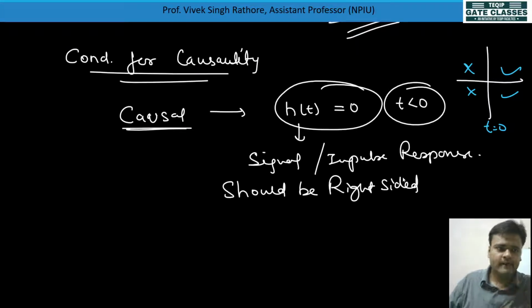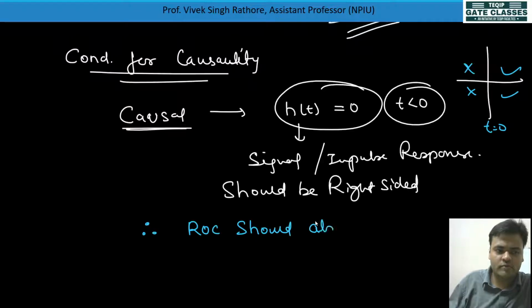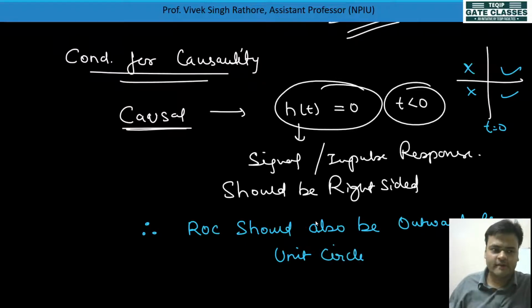Now see how we'll check it. If the signal should be right sided, then from ROC, to conclude whether the signal is causal or not, the ROC should be outward from the unit circle. This is the condition for causality. In time domain also I told you, and from ROC also.